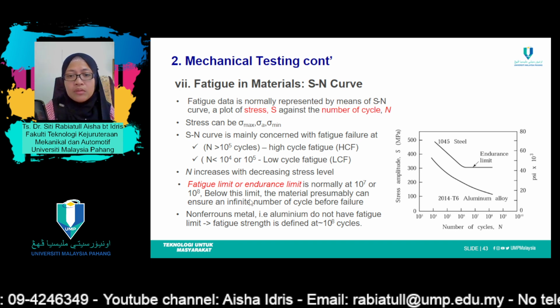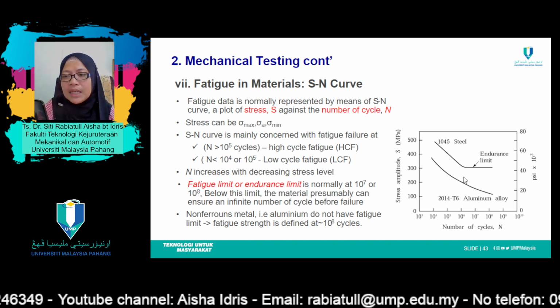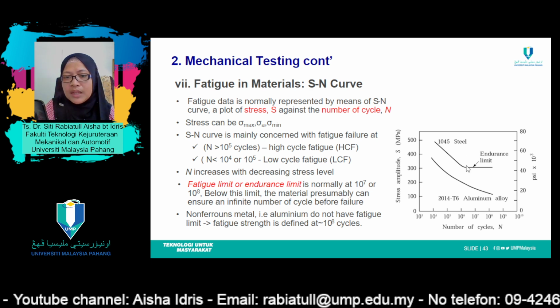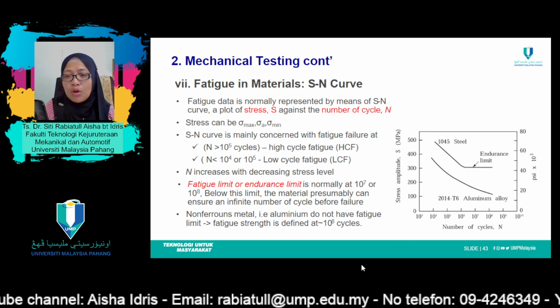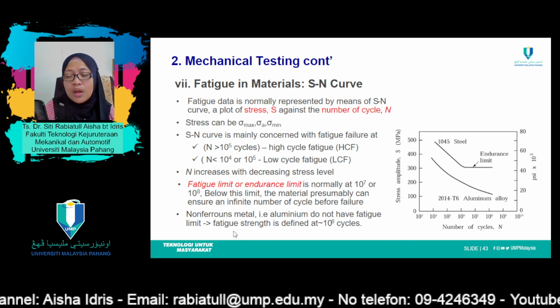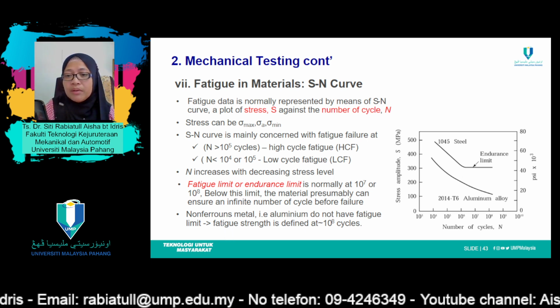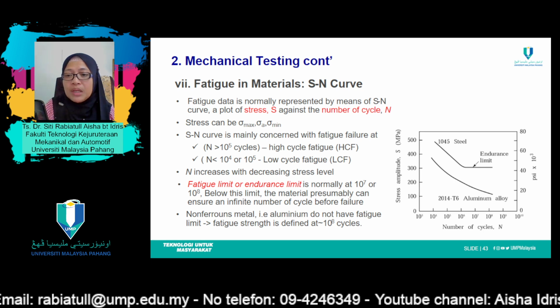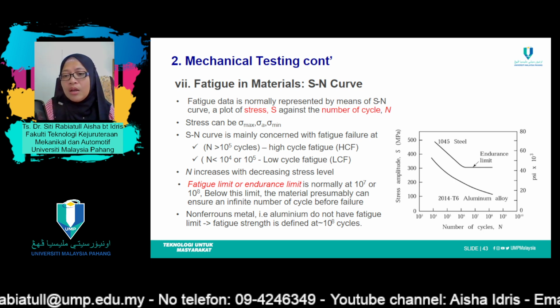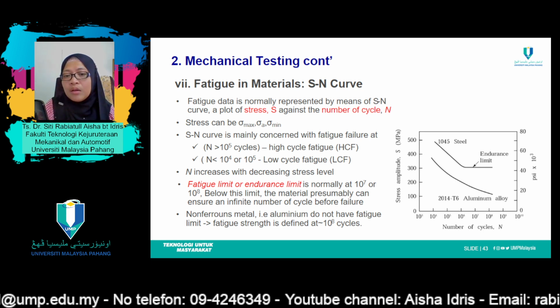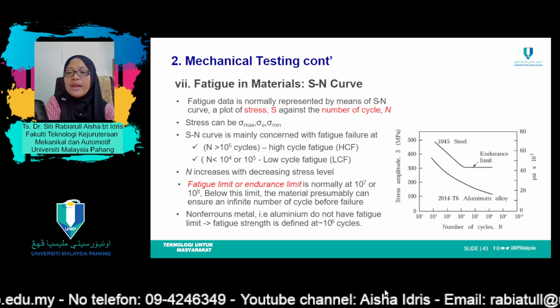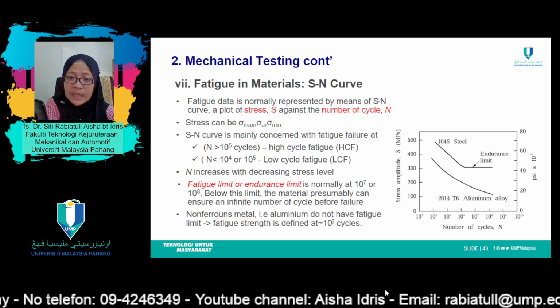So it moves the other way around. Fatigue limit, or endurance limit, is normally at 10 power of 7 or 10 power of 8. Below this point, the material is presumably having an infinite number of cycles before failure.